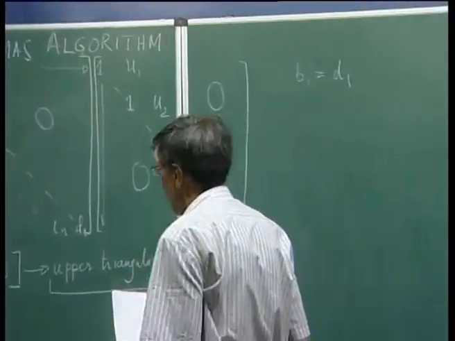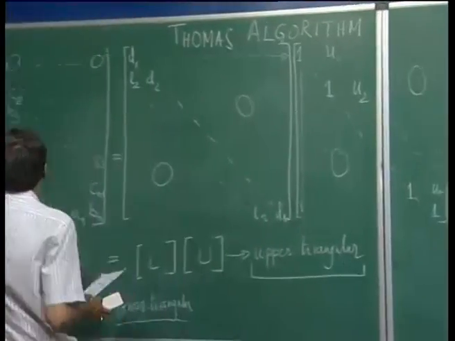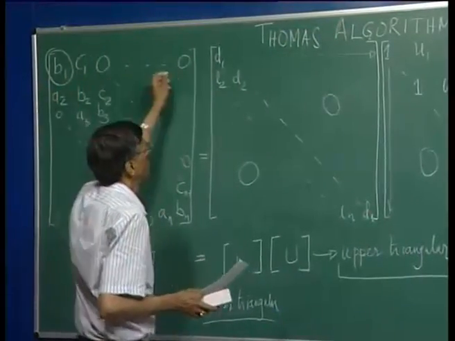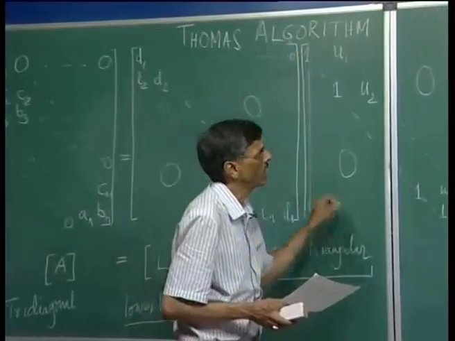Similarly, the second entry of the A matrix, C1, would be the product of the first row with the second column.